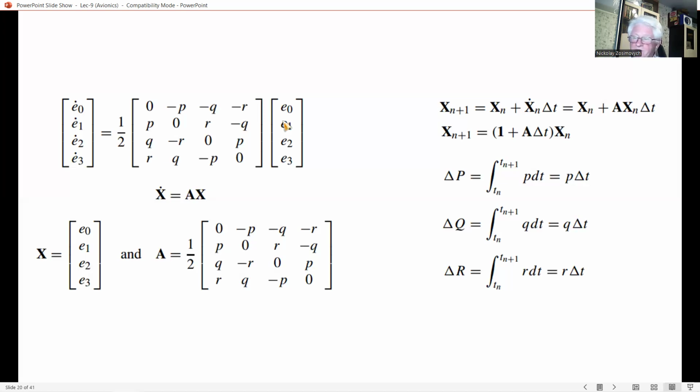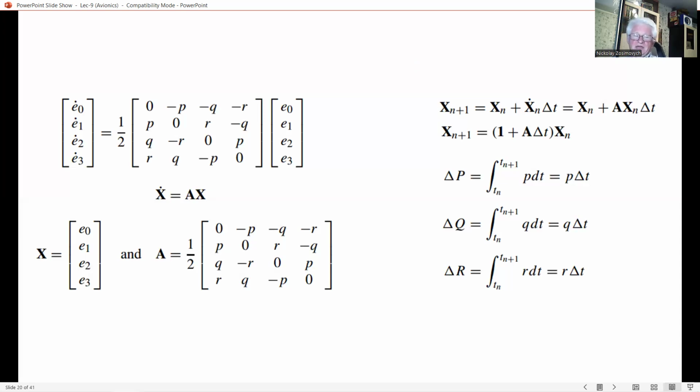Another way, we may rewrite x sub n as this small expression, where 1 is a unity matrix here. And 1 plus A delta t is in fact an approximation to the transition matrix, which relates the value of the state vector at time tn plus 1 to the value at time tn.